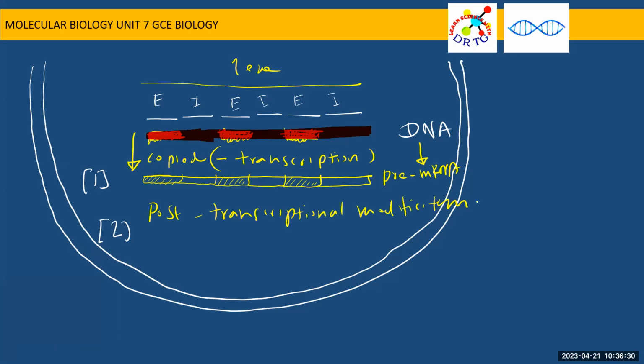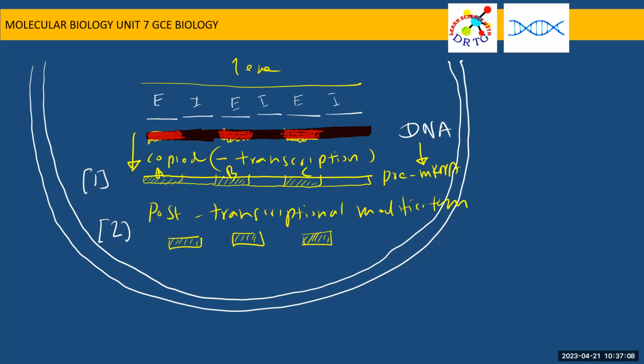In post-transcriptional modification, introns are removed from this pre-mRNA molecule. So introns are removed, and then the exons remain. Now this is one exon, this is one exon, and this is one exon. Let's say A, B, and C. A group of enzymes called the spliceosome cuts the interface of intron and exon.